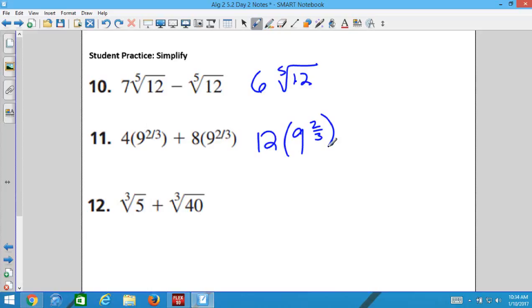So look at the ones that I just did. Look at 11. How did I do that one? You cannot add with the radical.